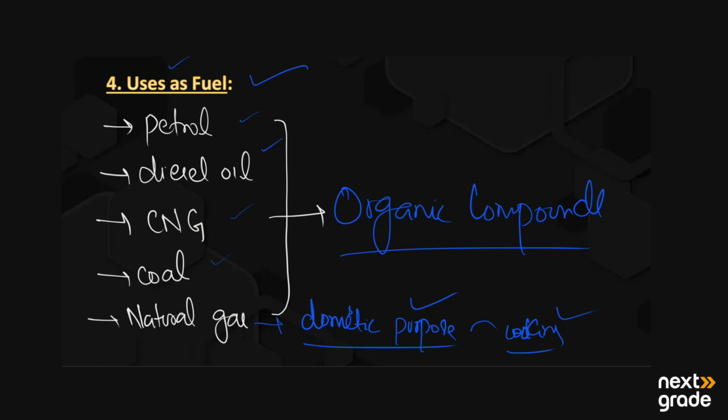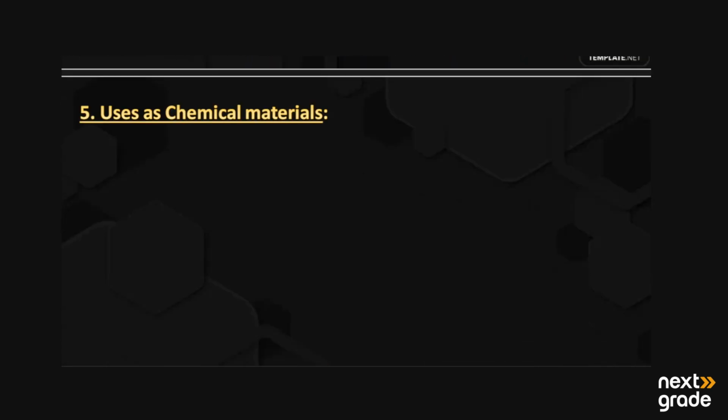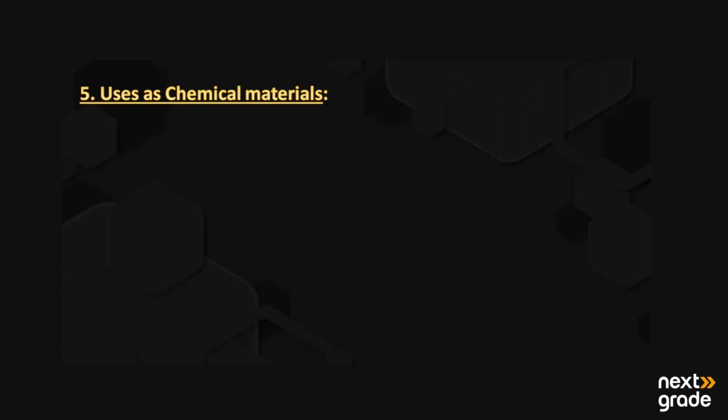Next, the fifth use of organic compounds is as chemical materials.